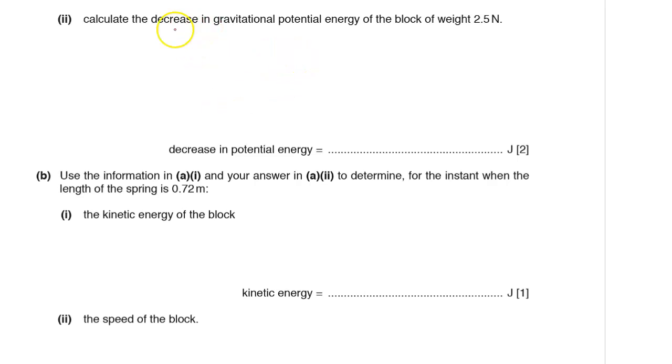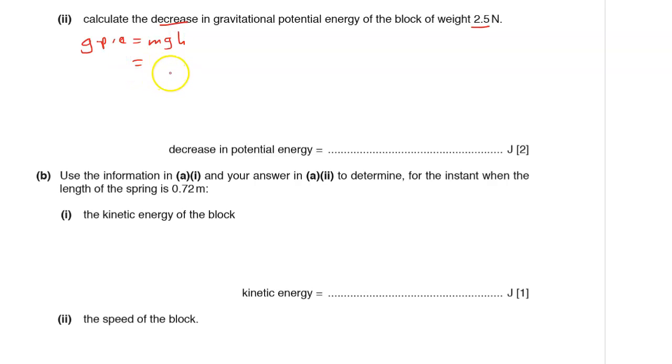Calculate the decrease in gravitational potential energy of the block of weight 2.5 newtons. GPE, gravitational potential energy, is mass times g times height.